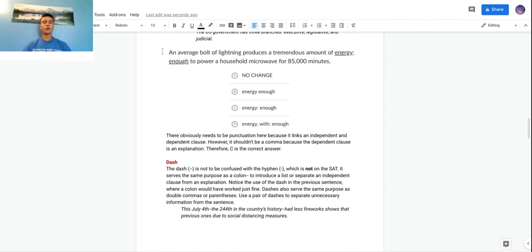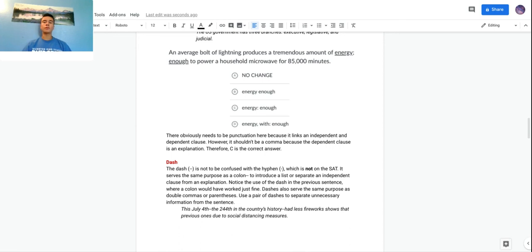So this example question here: an average bolt of lightning produces a tremendous amount of energy, enough to power a household microwave for 85,000 minutes. So the semicolon seems to make sense, but enough to power a household microwave for 85,000 minutes is a dependent clause, so it can't be a semicolon because, as you remember, they can only be used to link two independent clauses.